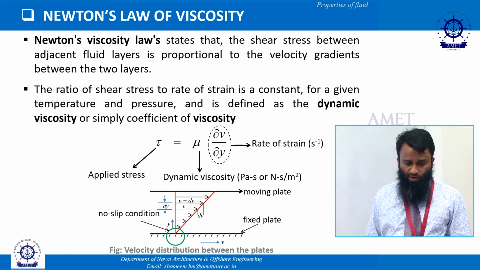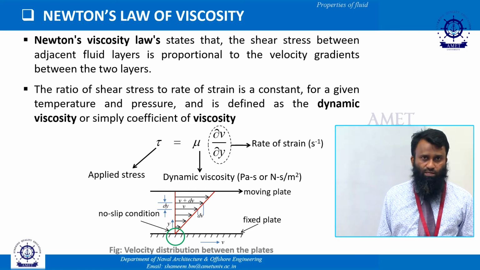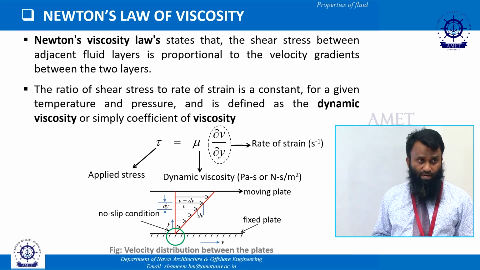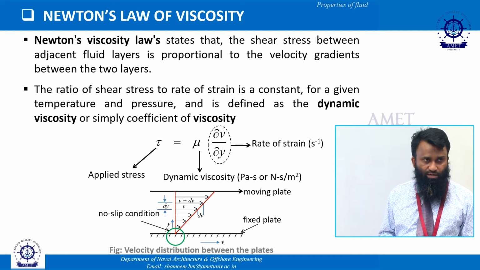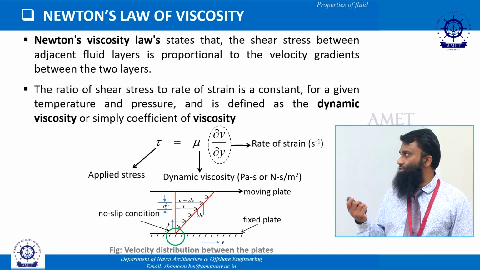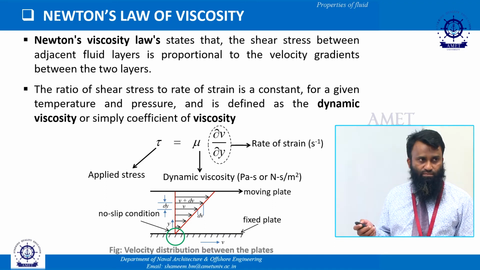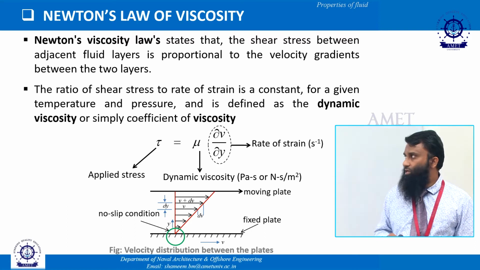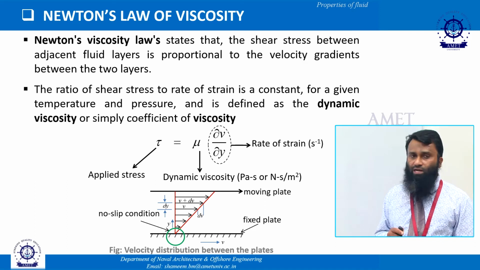When we speak about viscosity, another one of the main important laws is basically Newton's law of viscosity. It is very important when we deal with any analysis, correct, because it states that the shear stress between the adjacent layers is proportional to the velocity gradients between the two layers.